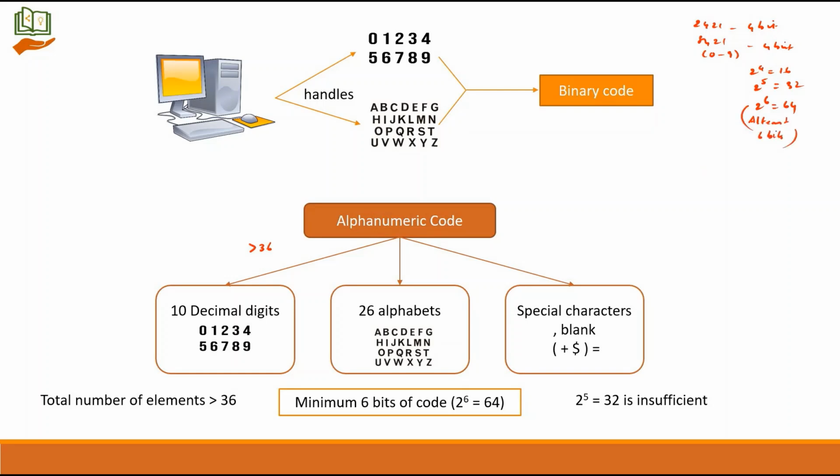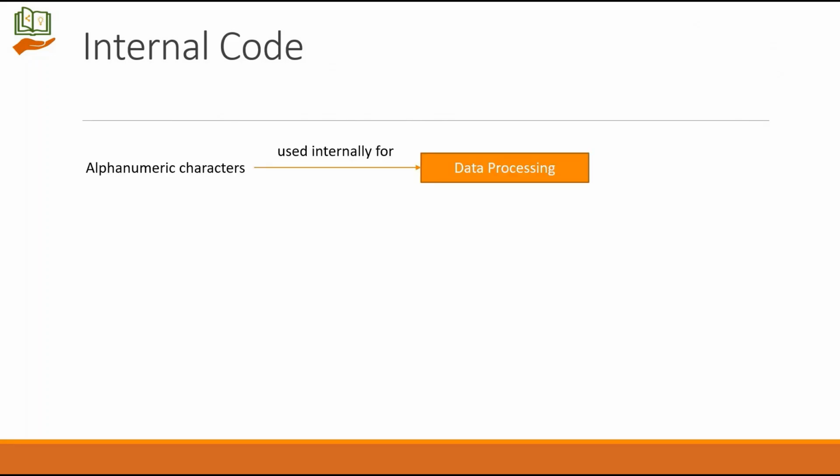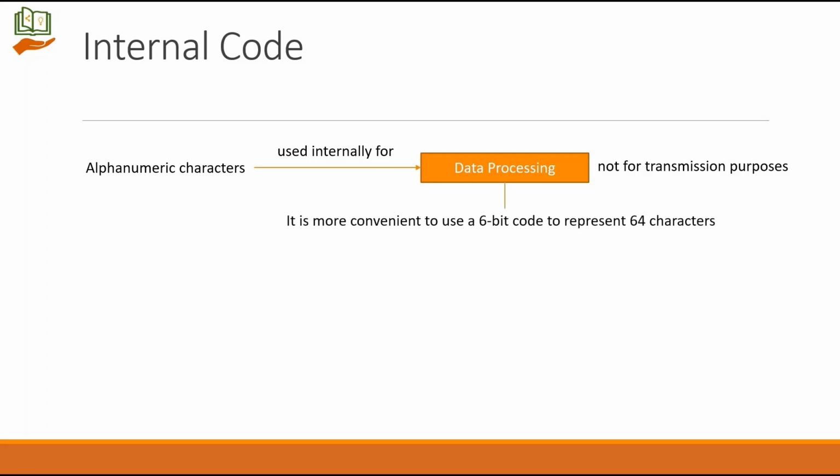So the first code that we are going to see here is the internal code. Alphanumeric characters are internally used for data processing. And these internal codes are not used for transmission purposes. It is more convenient to use a 6-bit code to represent 64 characters. How did we get the 64 characters? 2 power 6 is equal to 64.